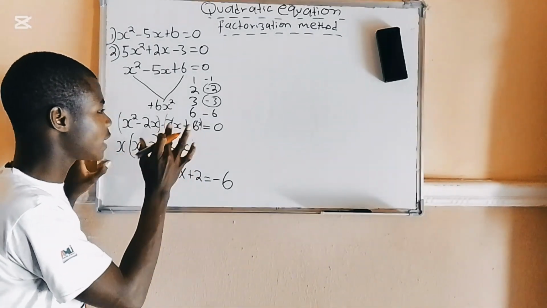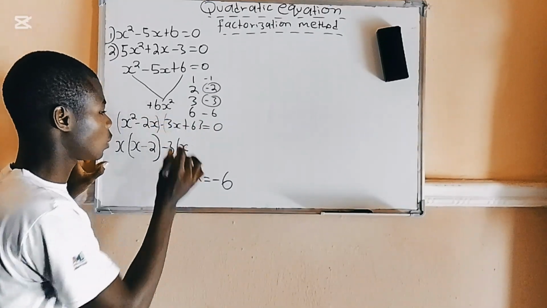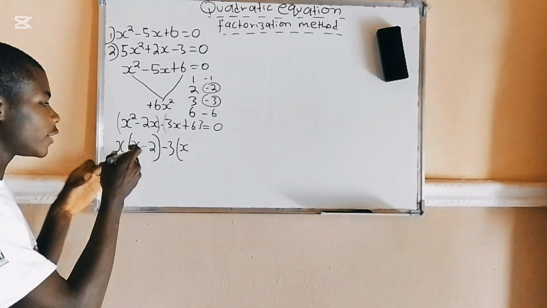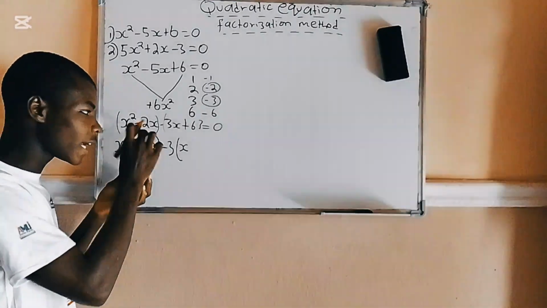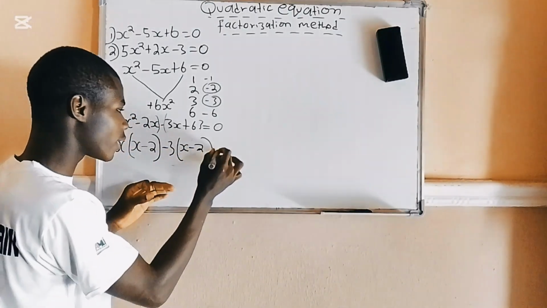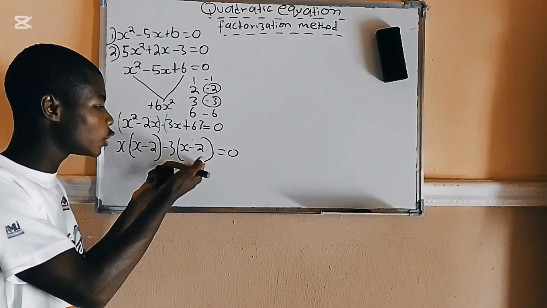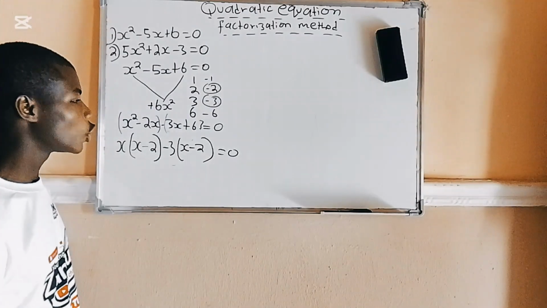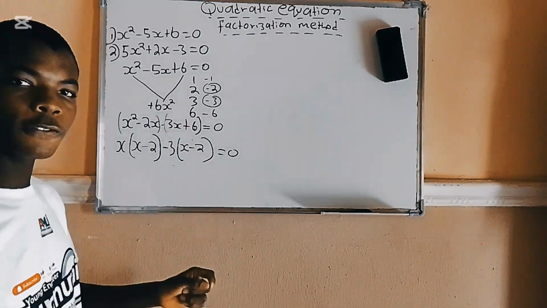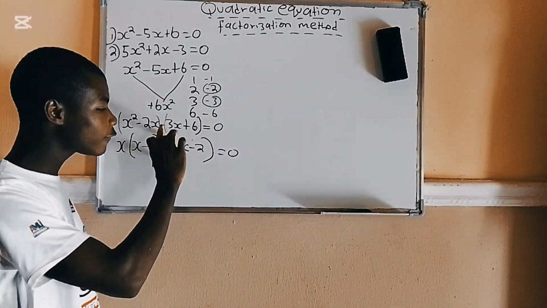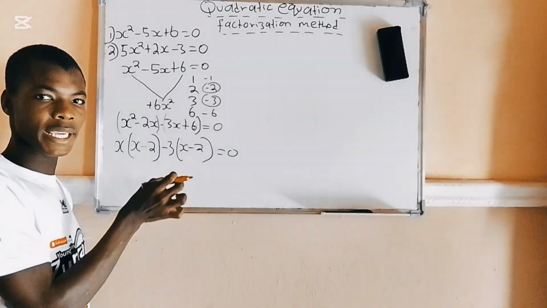The easiest way is that whenever you already find the first bracket, don't bother yourself, just pick the bracket, put x minus 2. That's all. Because the first bracket must be equal to the second bracket. But you have to factor the number that if you multiply the inside bracket, it will give you the exact bracket.